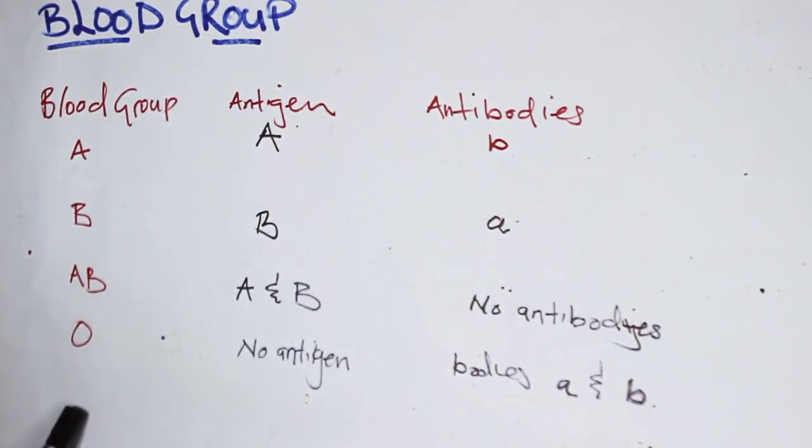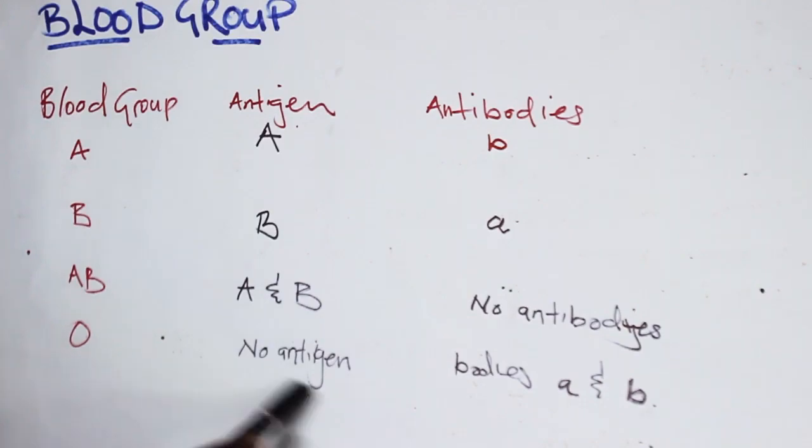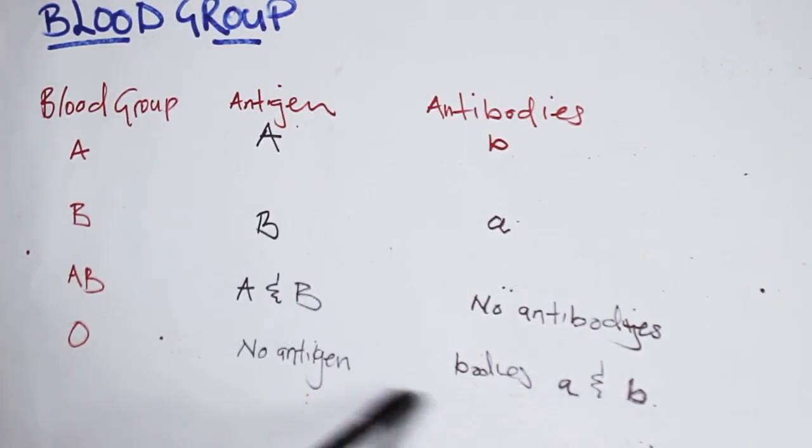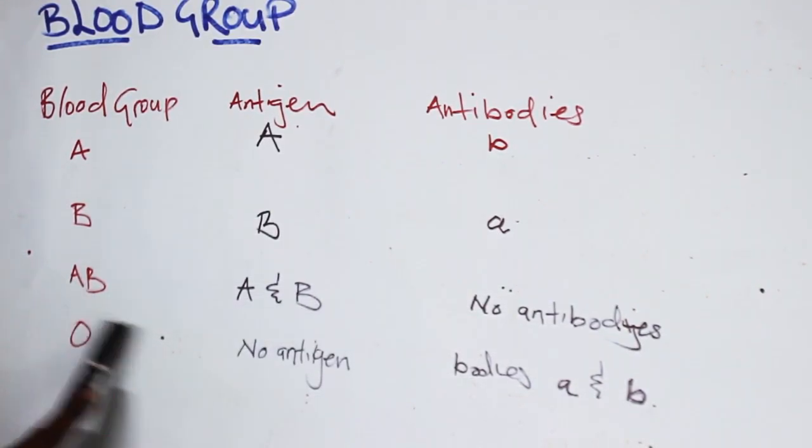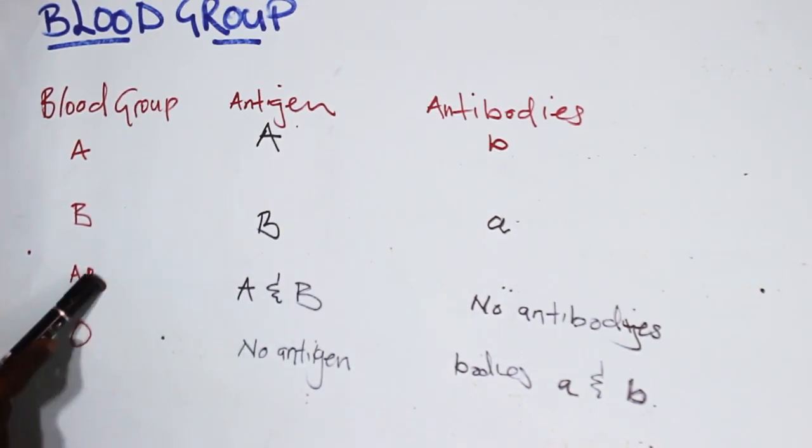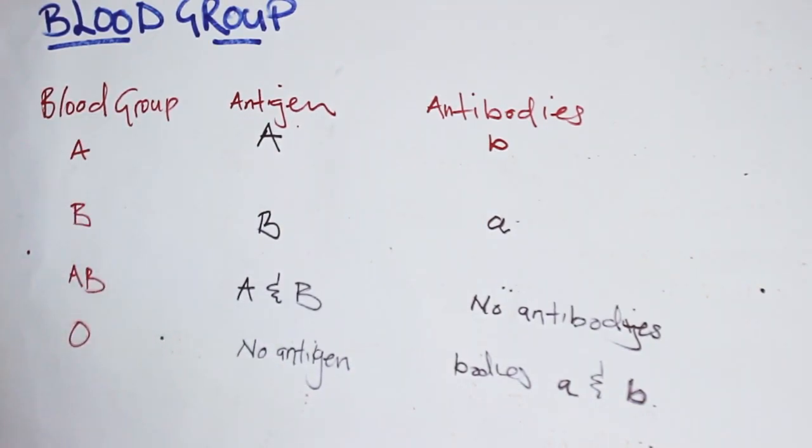Then if you are an O, no antigen, antibodies A and B, and that's what makes this blood donate blood to AB, to B, and to A. So that makes it a universal donor.